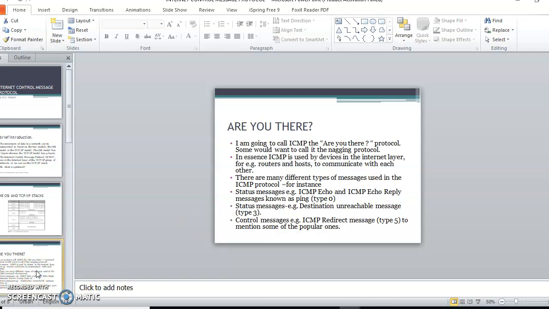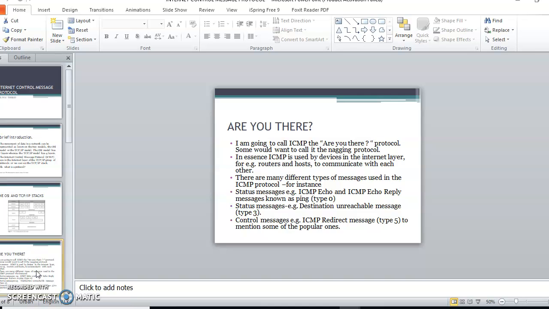Okay, I'm going to call ICMP the "Are You There" protocol. Some would want to call it the nagging protocol. In essence, ICMP is used by devices on the internet layer, for example, routers and hosts, to communicate with each other. There are many different types of messages used in the ICMP protocol.